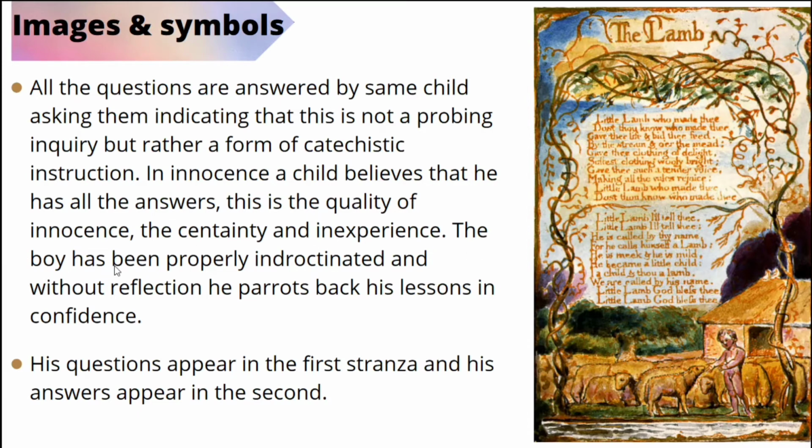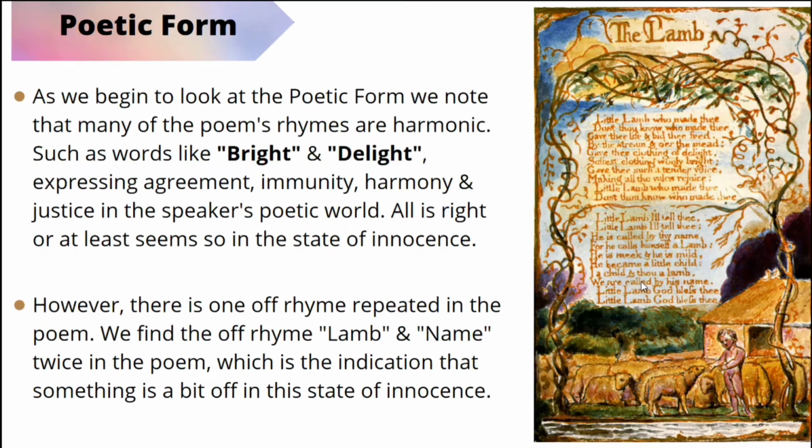The boy has been properly indoctrinated, and without reflection he parrots back his lessons in confidence. His questions appear in the first stanza, as we notice here, and his answers appear in the second stanza, as we notice in the latter part.